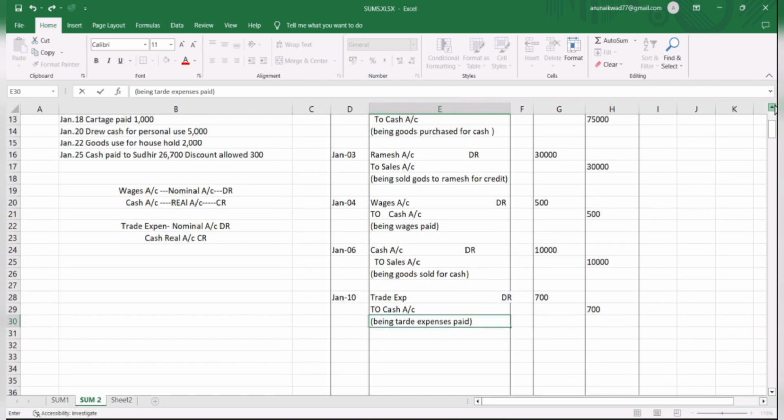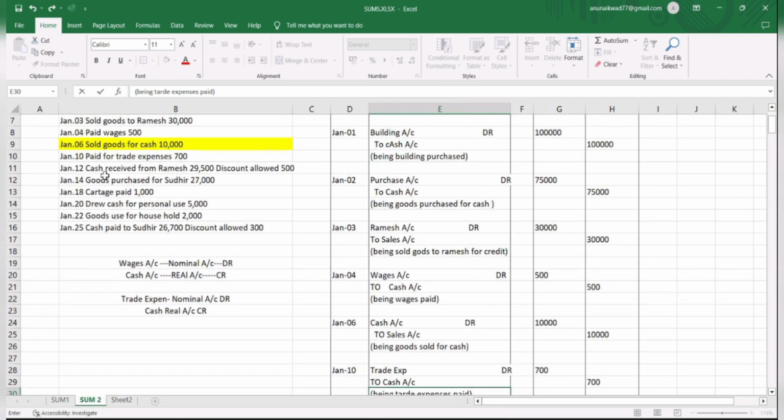So next is cash received from Ramesh 29,500, discount allowed 500.